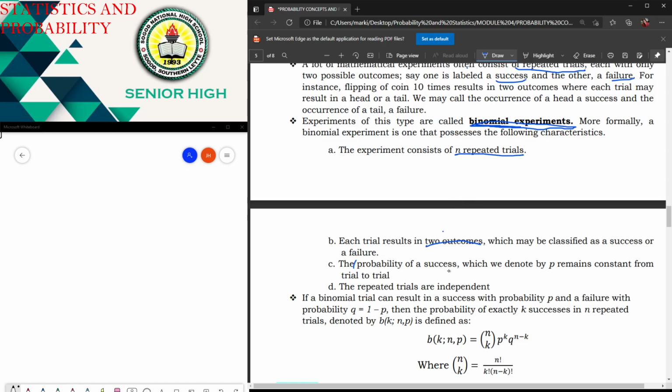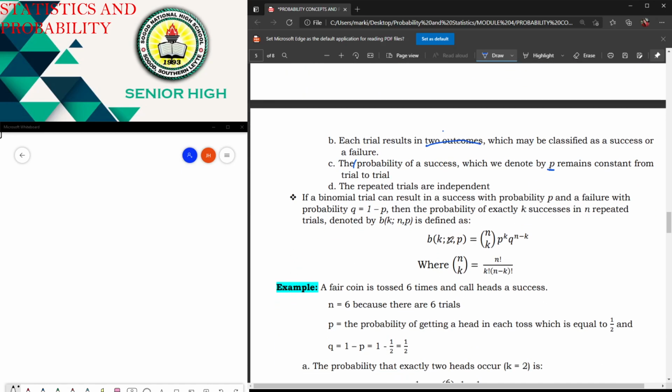Third, the probability of a success, which we denote P, remains constant from trial to trial. Fourth, the repeated trials are independent.